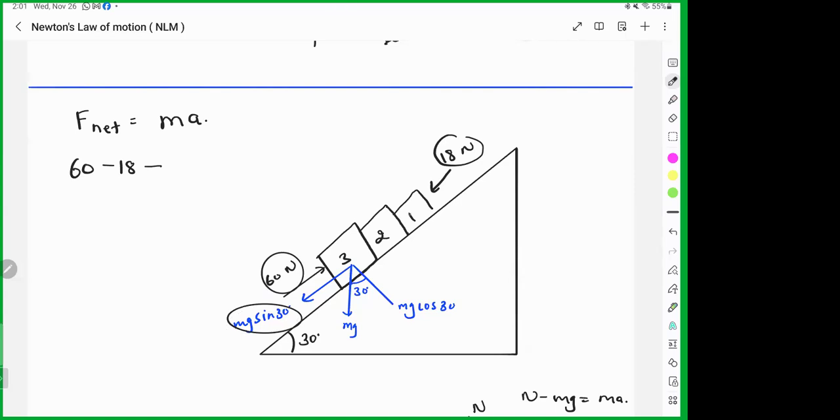So, what is the total mass? 3 plus 2 plus 1 is 6 kg, 6 into 10 into sin 30, whose value is 1 by 2, is equal to mass into acceleration. What is the value? 60 minus 18 minus 30, that is 60 minus 48, 12, is equal to 6a. What is the mass? 6 kg. What will be the acceleration? 2 meter per second square.